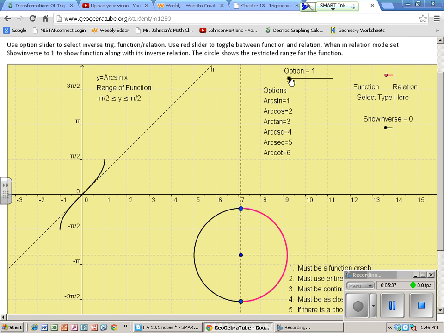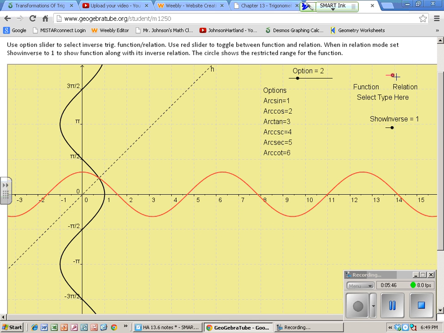Okay. Let's go to the inverse cosine function. It's the exact same thought process. All right. If we look at the original cosine function, we've got to have all the values between positive 1 and negative 1. We want to have those positive angles between 0 and 90 degrees. We want it to be a continuous function. So we're looking at just this part of the graph, which goes from 0 degrees to pi.